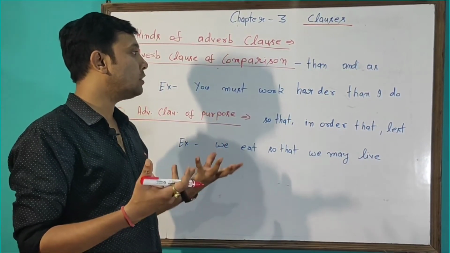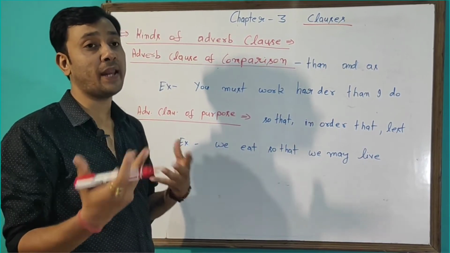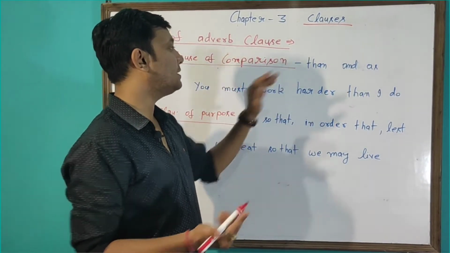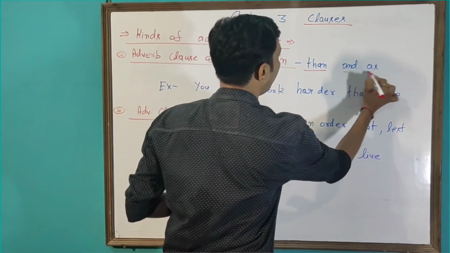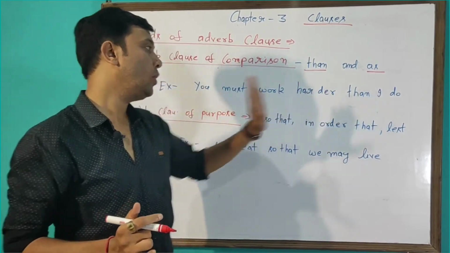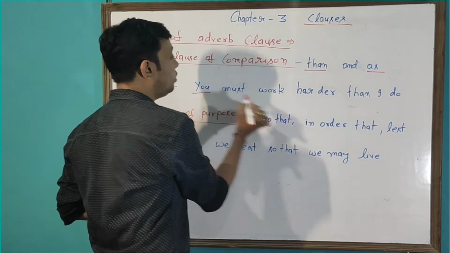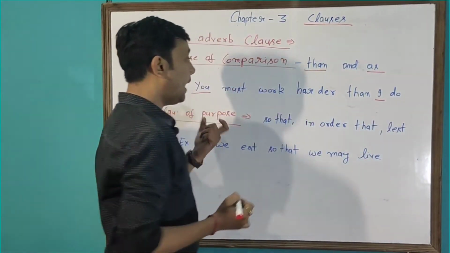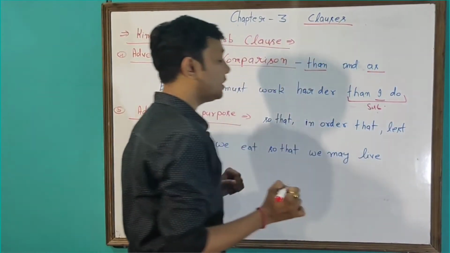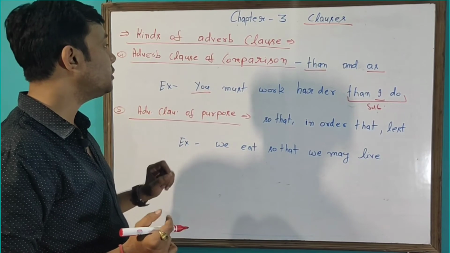Now the next type is the adverb clause of comparison. This adverb clause is used for comparison between two things, and generally starts with the words than and as. Clear? You must work harder than I do. Here comparison is given between you and I, and than is the subordinate conjunction of the adverb clause.